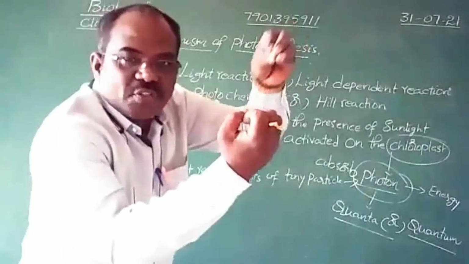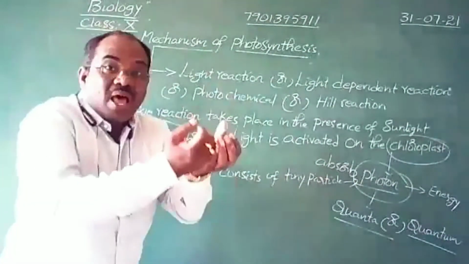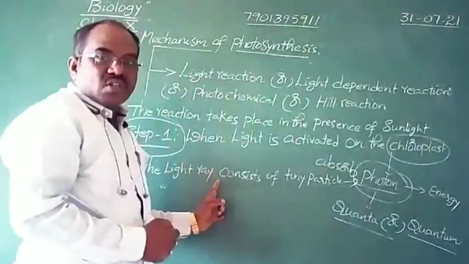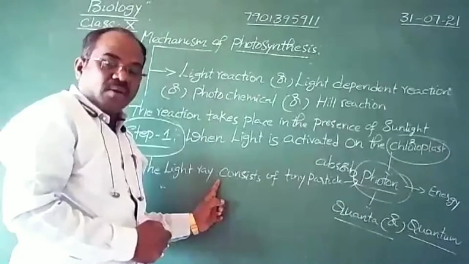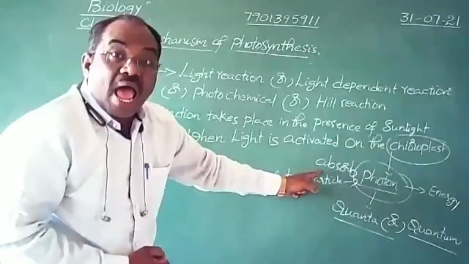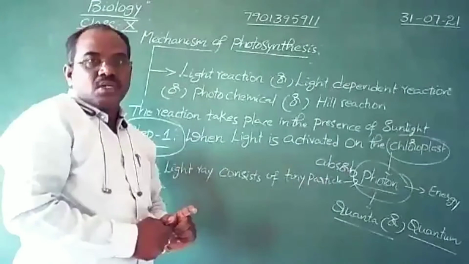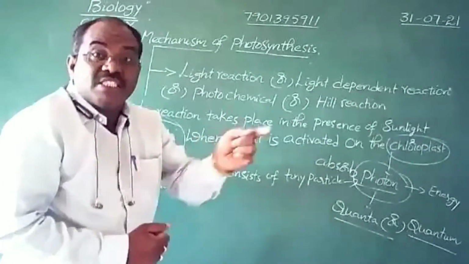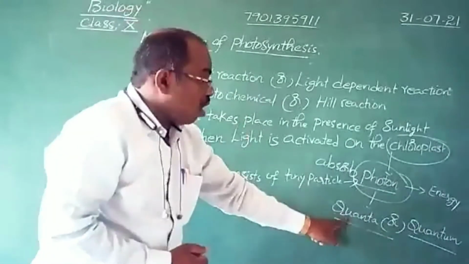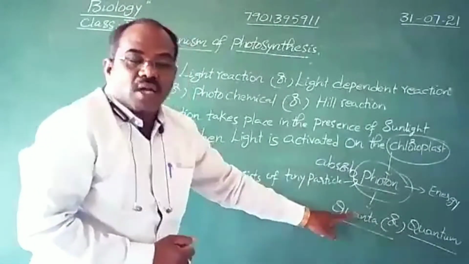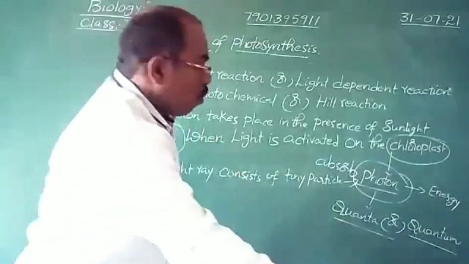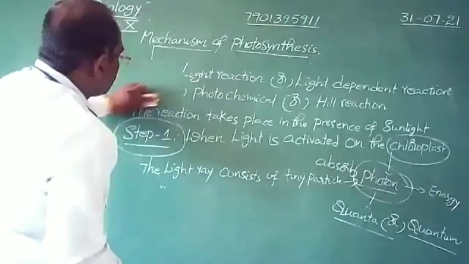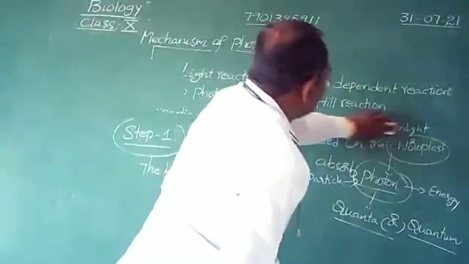When light is activated on the chloroplast, the chloroplast absorbs photons. Photons are the tiny particles of the light ray, and the energy present in the photon is called quanta or quantum. This is step 1. Step 2.